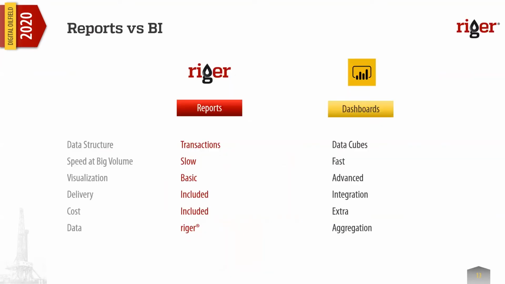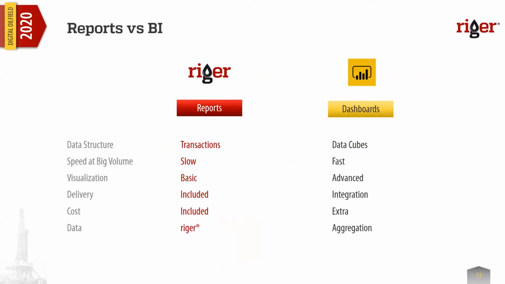Talking about different approaches to existing reporting in RigER and dashboards, and comparing two different ways, we see similar pros and cons, which we can apply for simple reporting in RigER or advanced reporting using dashboards and visualization tools.